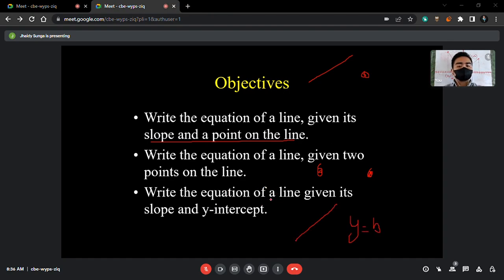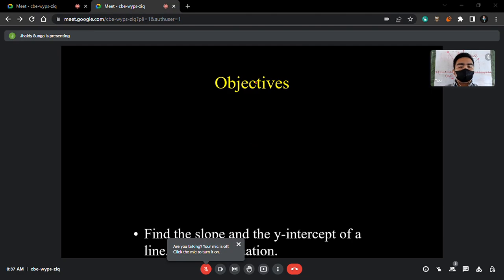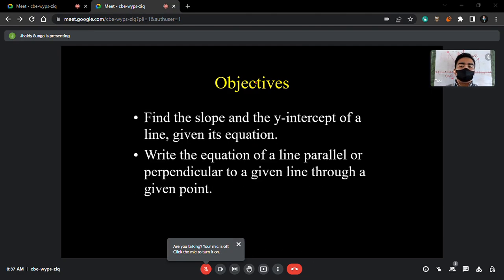Aside from that, our objectives as well are to find the slope and the y-intercept of a line given its equation, and to write the equation of a line parallel or perpendicular to a given line through a given point.